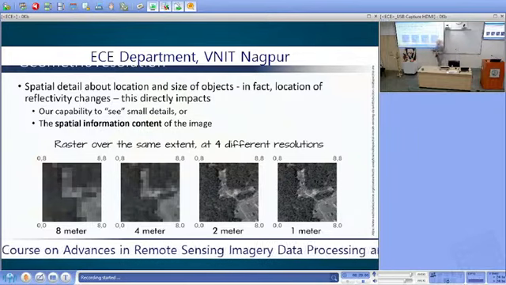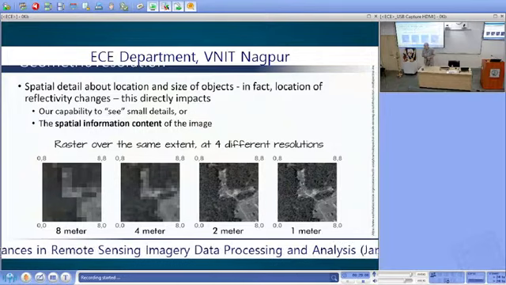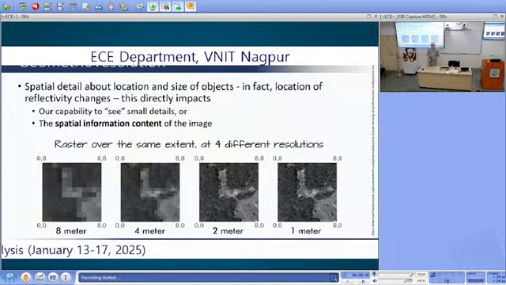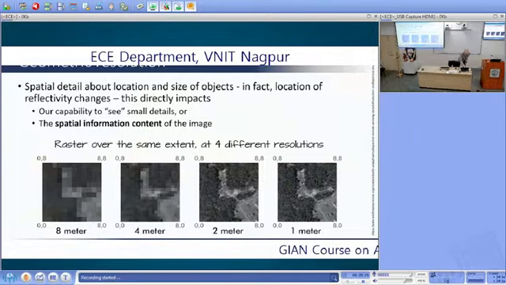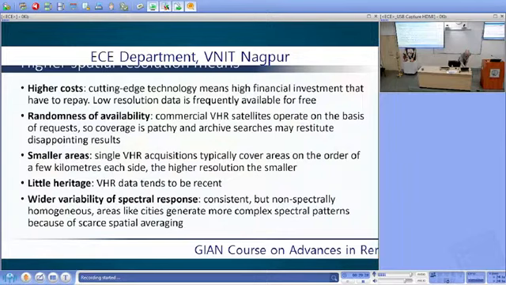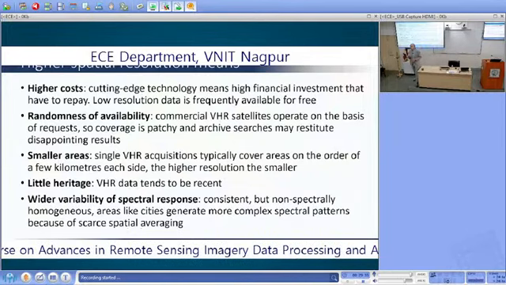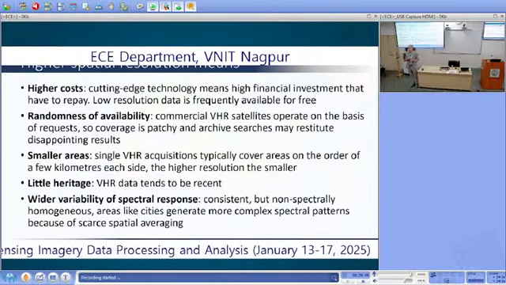0.2 meters, which is more or less the current cutting edge of spatial resolution for civilian applications, comes at an even higher price, technologically speaking. You may be tempted to think that higher spatial resolution is always better, because if you can see finer details, you can see better the object that you're interested in.